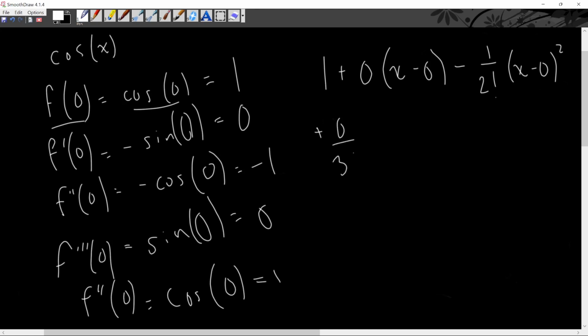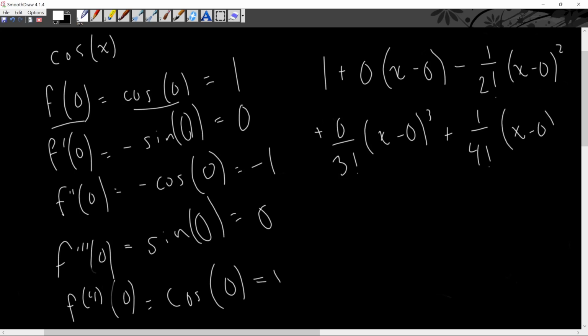You have 0 over 3 factorial times x minus 0 to the third power. And then this is plus 1 over 4 factorial, and I also did not write that correctly. That's f4, the fourth derivative of f, and then this is 1 over 4 factorial times x minus 0 to the fourth power. Now we can simplify this a little bit, and anything times 0 is 0, and this trend will continue forever.